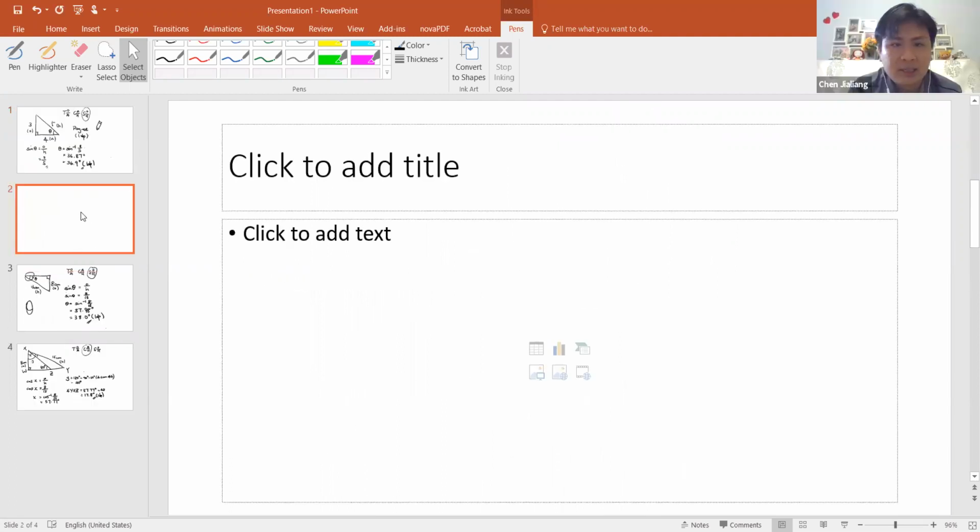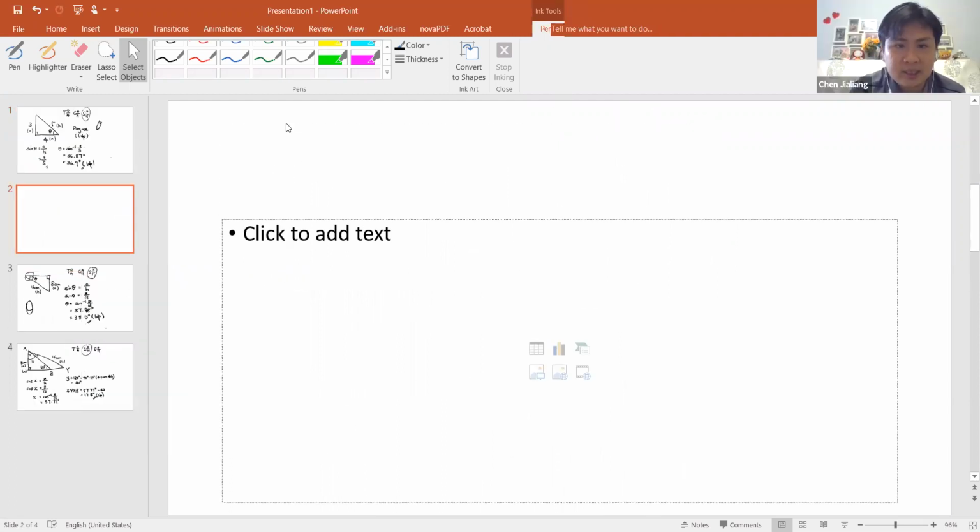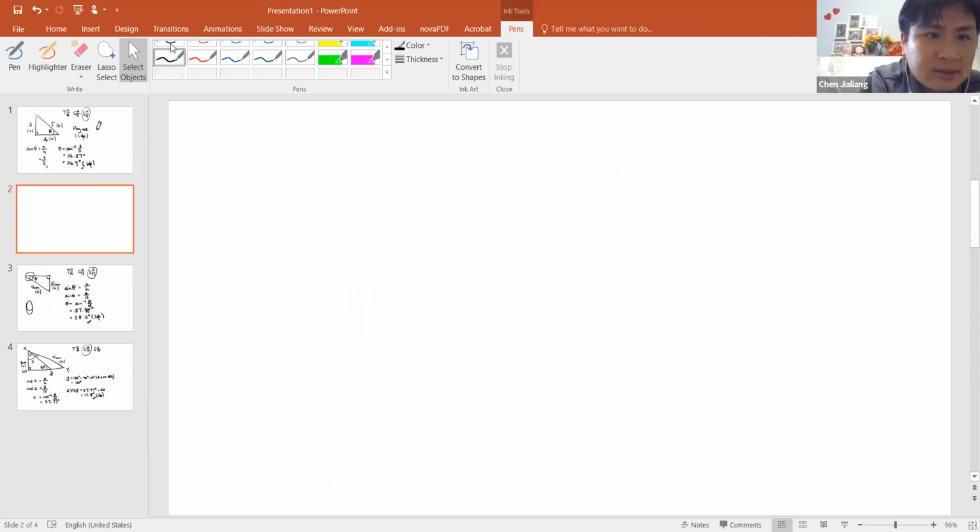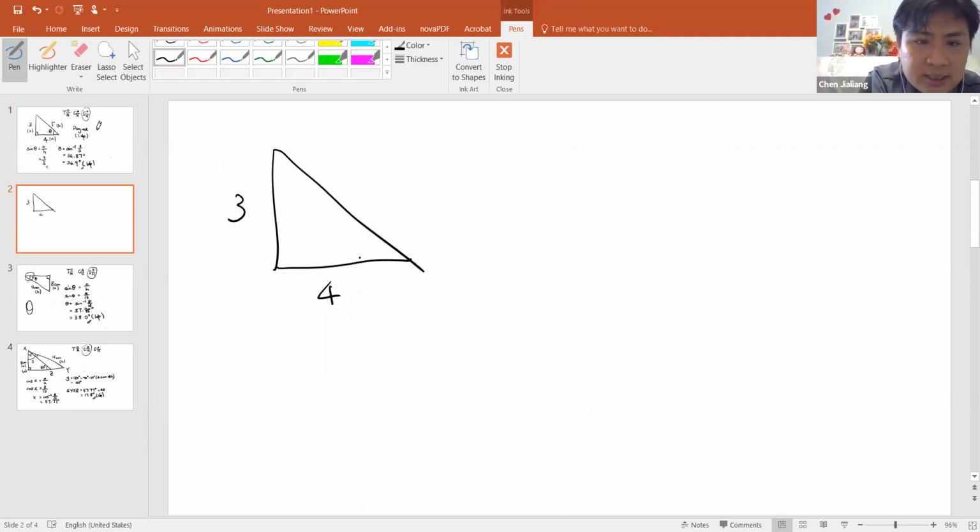Okay, so in the first activity, let's look at it. This was the triangle that is given to us. For this right angle triangle, can you label the hypotenuse?